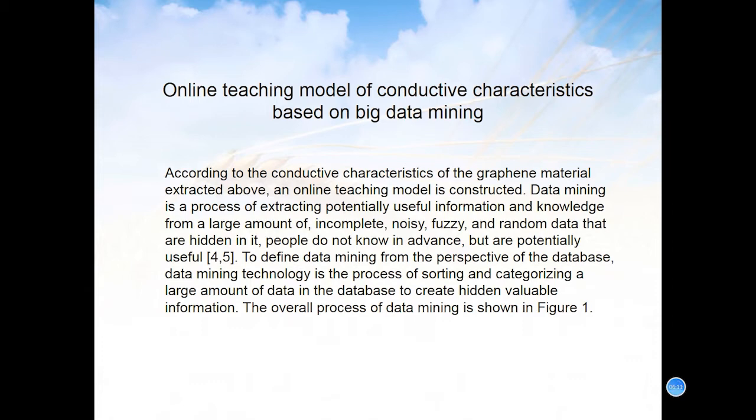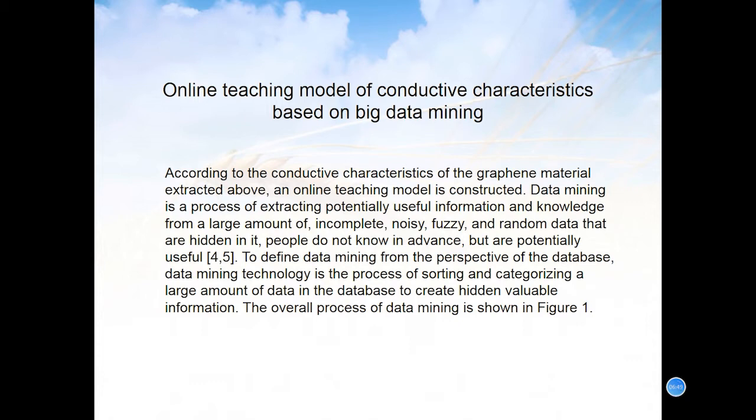People do not know it in advance, but it is potentially useful. To define data mining from the perspective of the database, data mining technology is the process of sorting and categorizing a large amount of data in the database to create hidden valuable information.